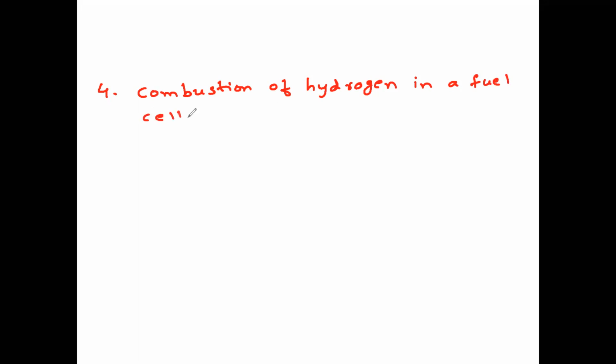Question number 4. Combustion of hydrogen in a fuel cell at 300 kelvins is represented as 2H2 + O2.